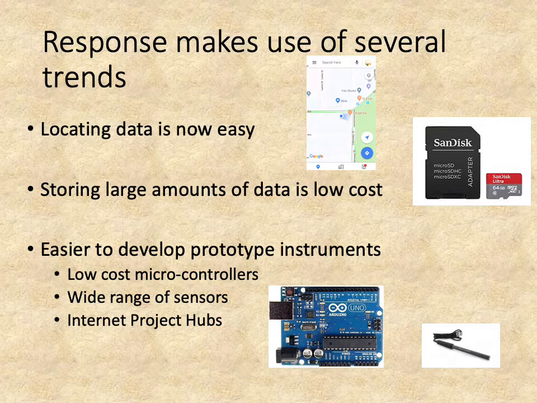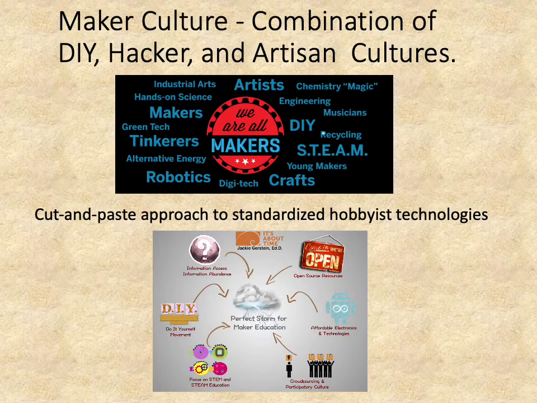We've got low-cost microcontrollers for $30 or so, a wide range of sensors, and also internet project hubs, groups of users who are building things and putting them on the internet with instructions on how to use it. It's part of a broader trend that I think we've lost a little bit in the last year or two, but I fully expect it to come back.